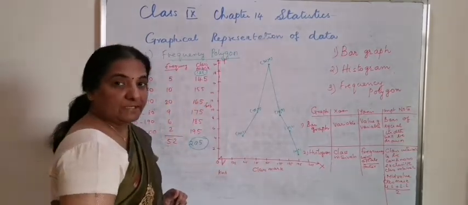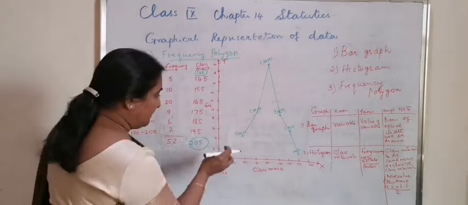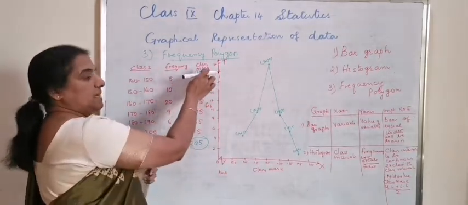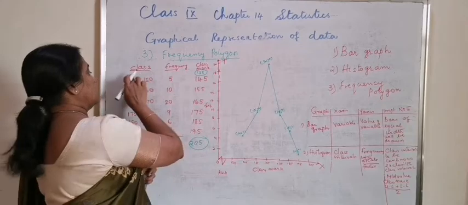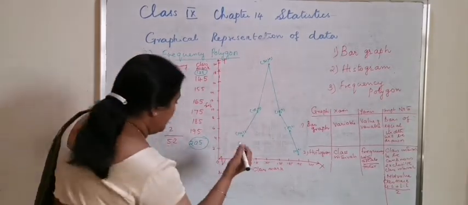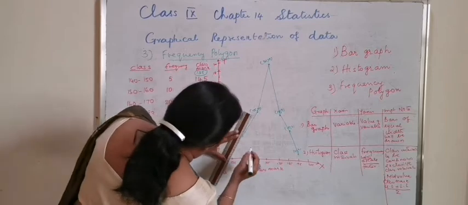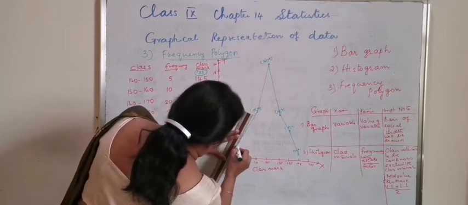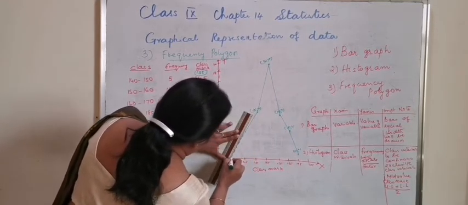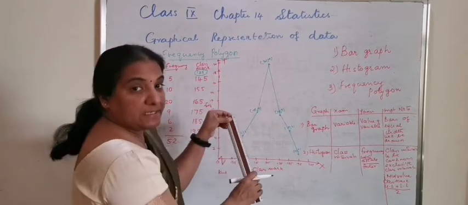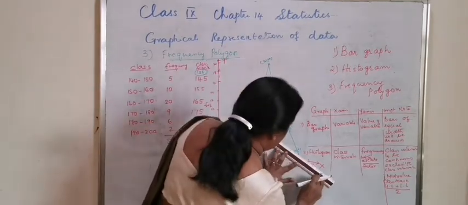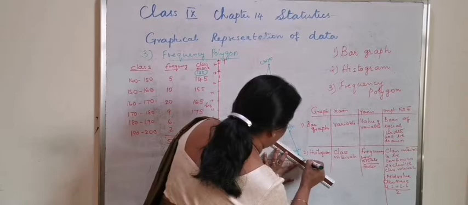Since the polygon is a closed figure, you also have the class mark of the previous class, 130 to 140. So you can join the frequency polygon at the marking of 135 as well as the class mark of the next class, 205.